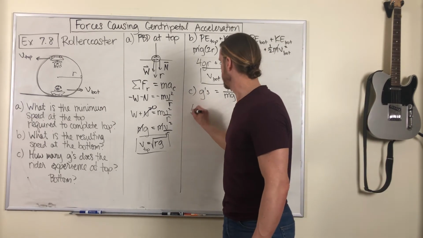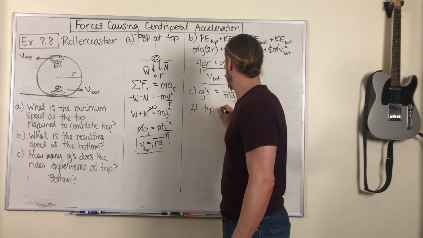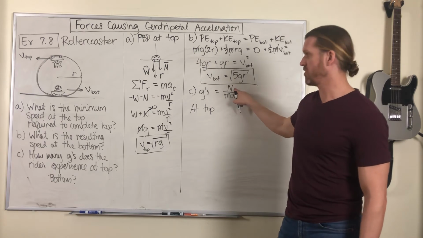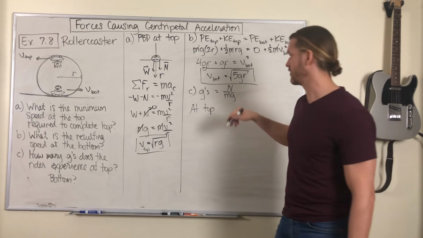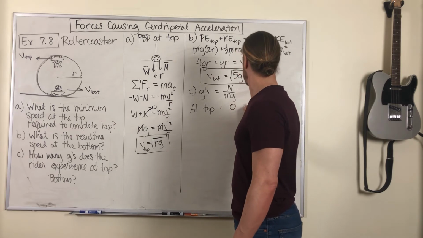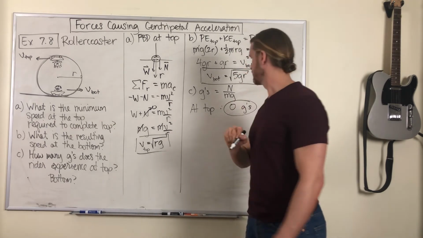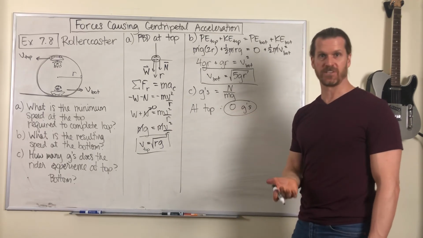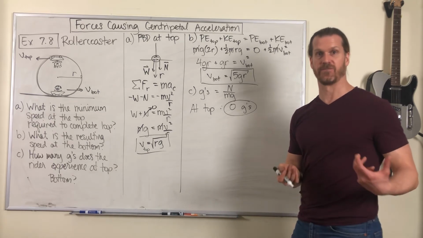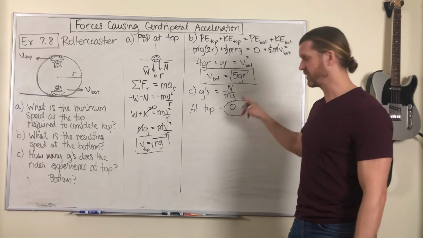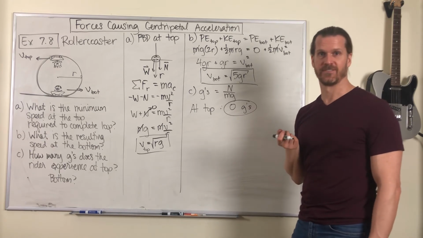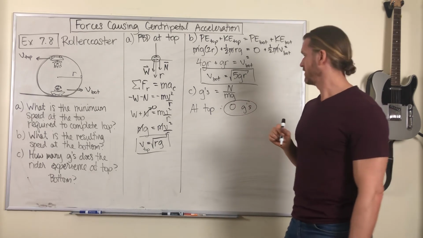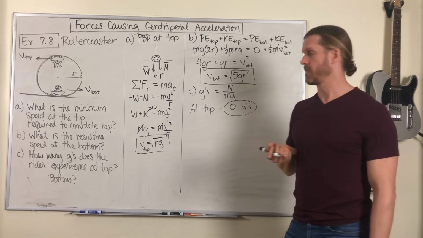So at the top, the rider is experiencing 0 G's because our criterion at the top was that n goes to 0. And if you ride a roller coaster, the feeling of 0 G's is that feeling of weightlessness. This is pretty thrilling if you're going on a ride. Feels maybe a little scary. 0 G's at the top. You feel weightless at the top.